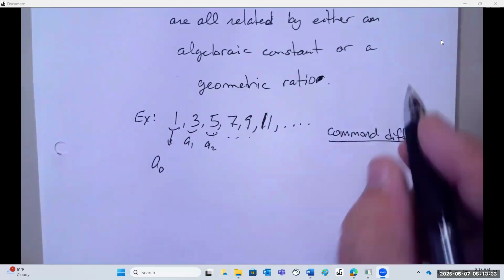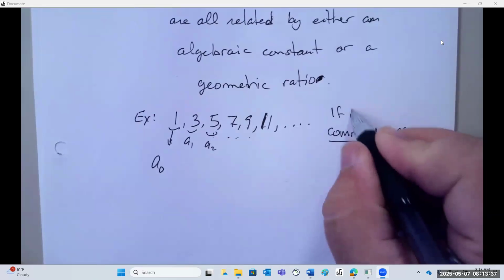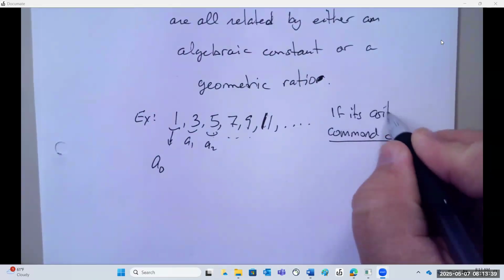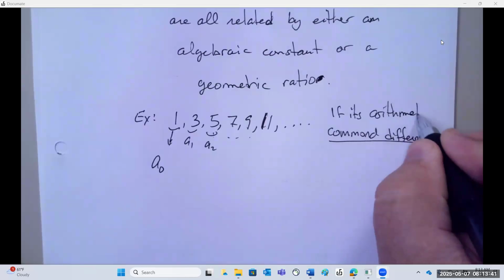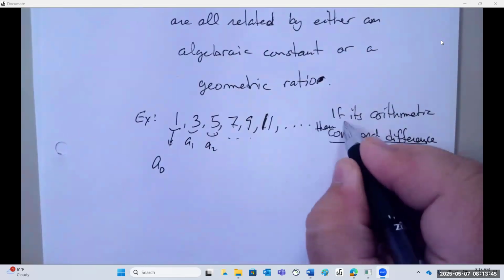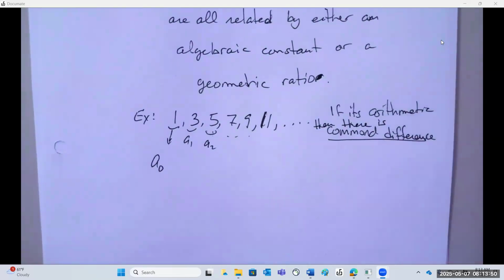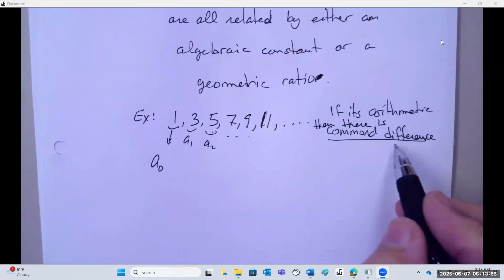We look for whether it's algebraic, let's say, arithmetic. Then there is a common difference between the terms. What does difference mean?